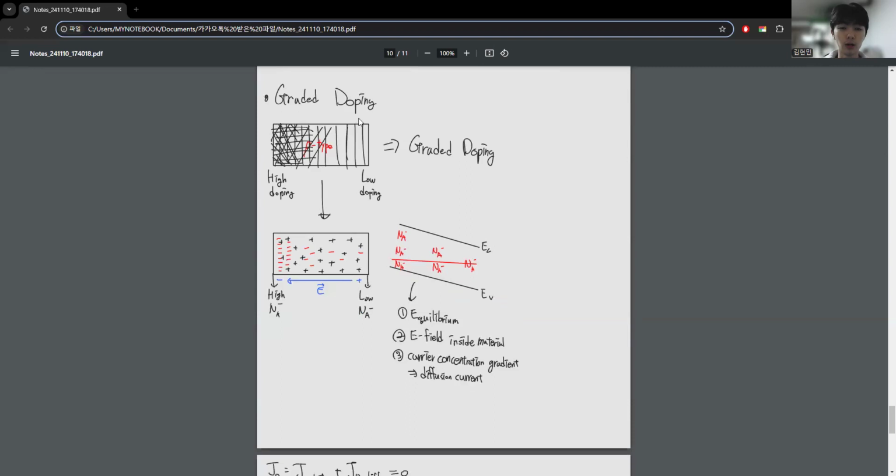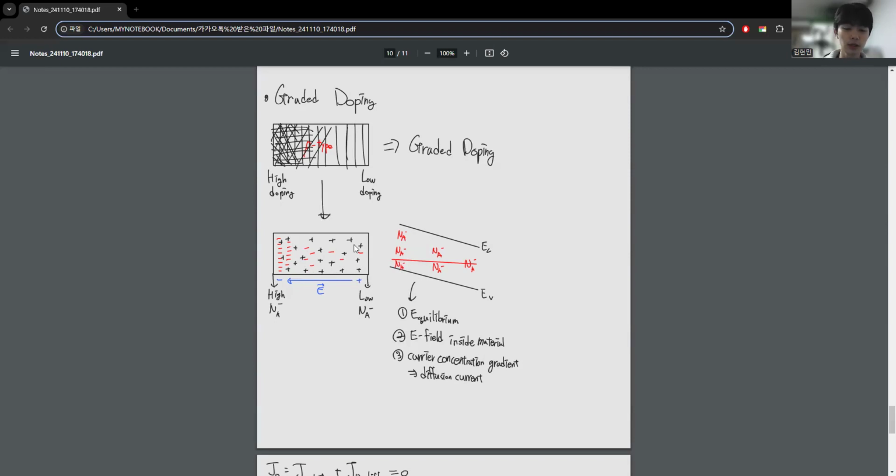So this part has high ionized acceptor concentration, and this part has low ionized acceptor concentration. So this semiconductor has an electric field.